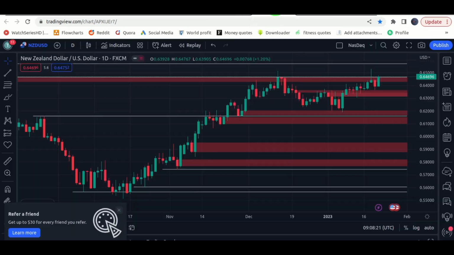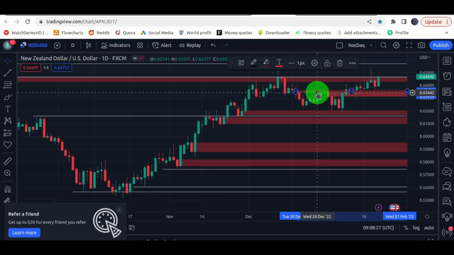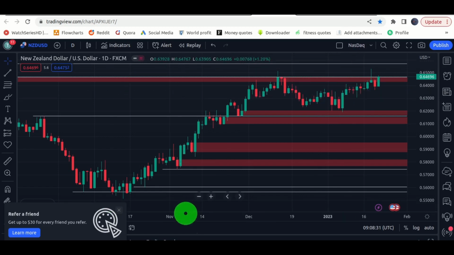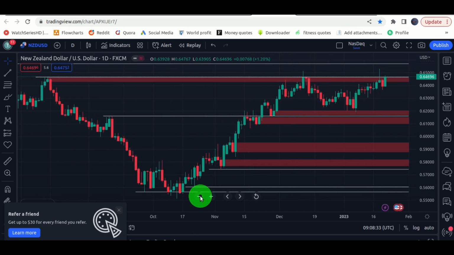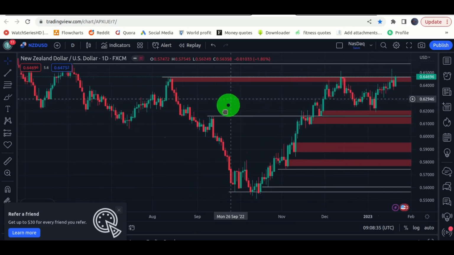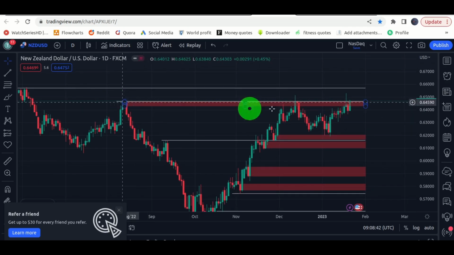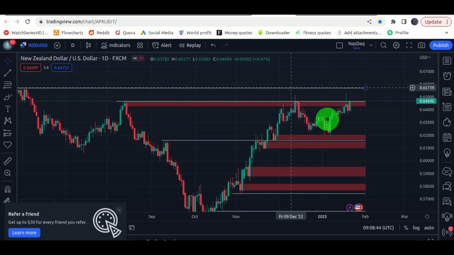Okay, let's look at NZD USD. Let me just delete some of the zones. NZD USD is pretty much the same as AUD USD. Look for sells, because what did we have here? We had liquidity there, got swept, sold.